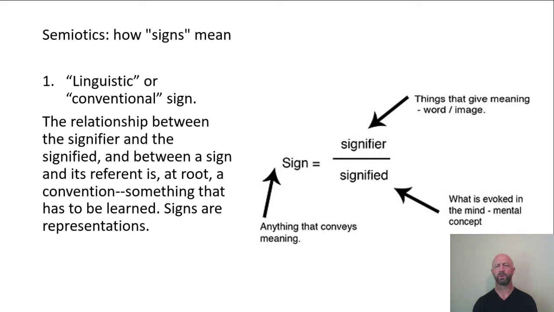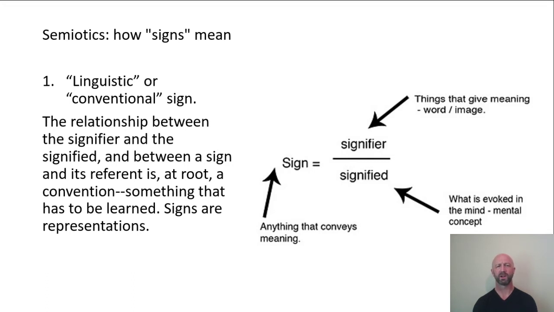Now, according to semioticians, there are various different types of signs in the world that they categorize, and I'm just going to give you three big ones. The first is what is oftentimes termed a linguistic or a conventional sign.